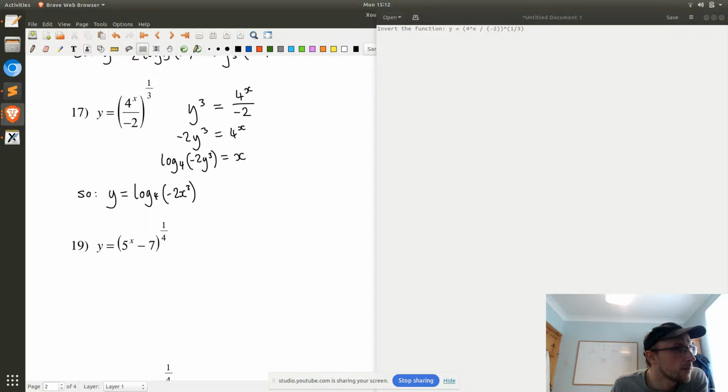Right, so we're going to use a combination of Gemini and DeepSeek. Right. Write the function. That's what I did. Swap x and y. That's what I did. Cube both sides. That's what I did. Multiply both sides by -2. Good. Apply logarithms of both sides.